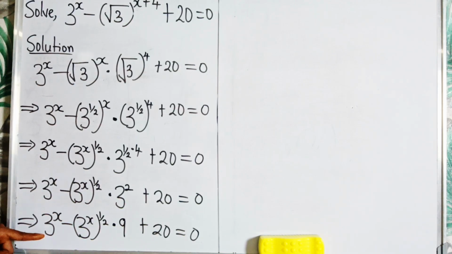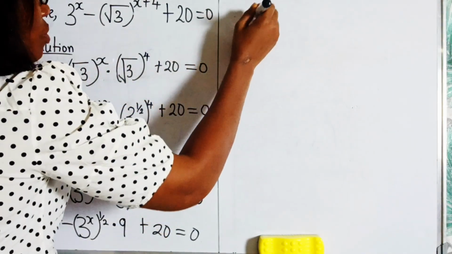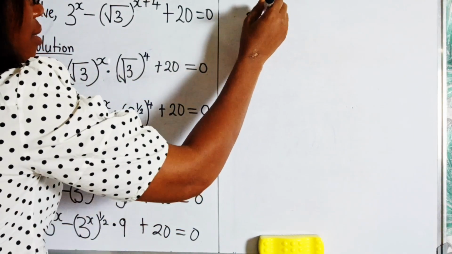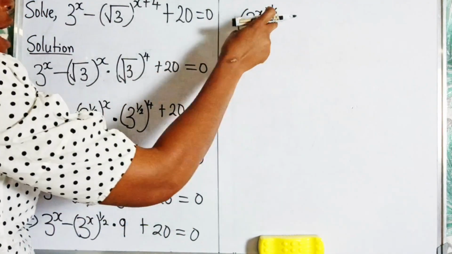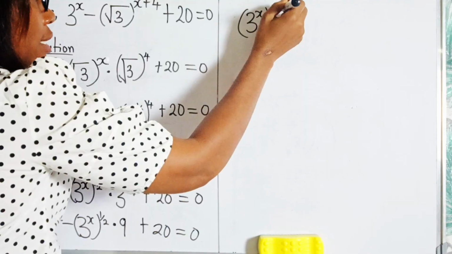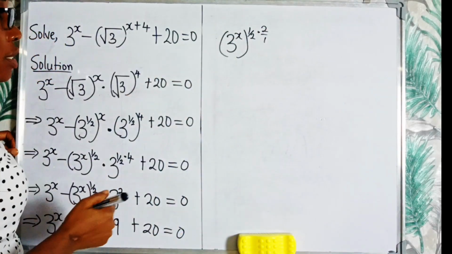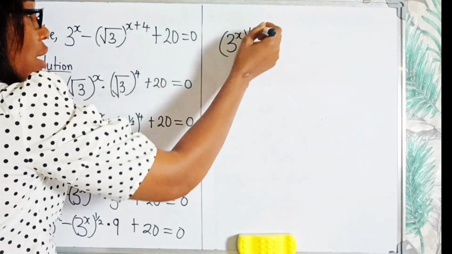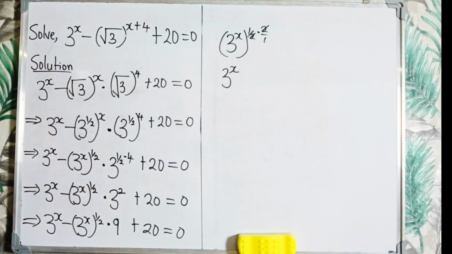So here I have (3^x)^(1/2). If I multiply this power by the reciprocal of 1 over 2, which is 2 over 1, these 2 will cancel out, and I'll be left with 3^x. You can see that this is 2 times what we have here.